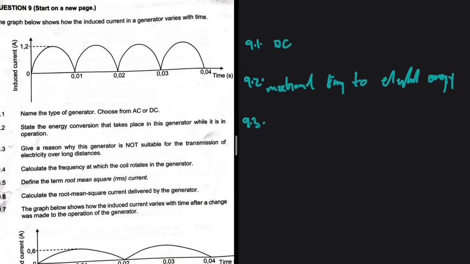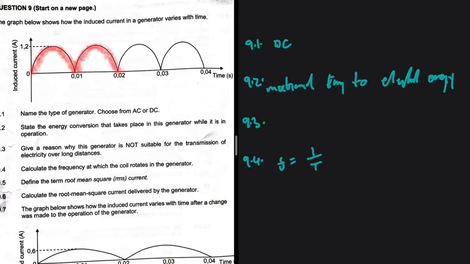9.3. 9.4, calculate the frequency at which the coil rotates in this generator. So frequency is equal to 1 over period, right? So what is period? The amount of time it takes to complete 1 cycle, 1 wavelength. So you can see here that we have a half, and then this is another half.